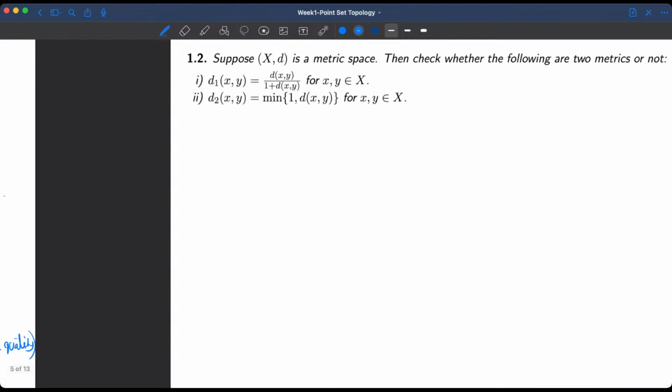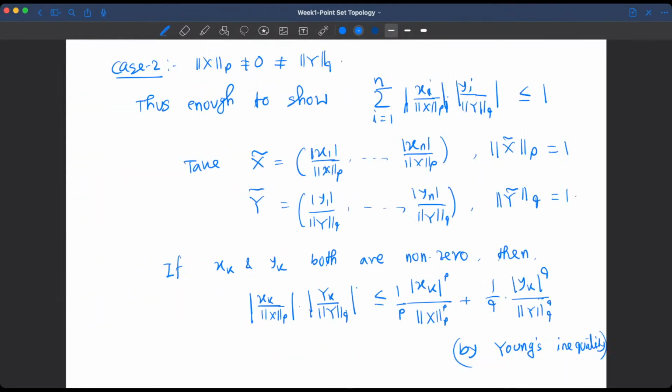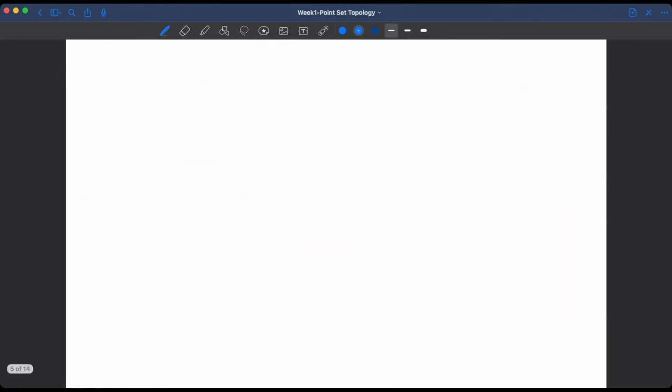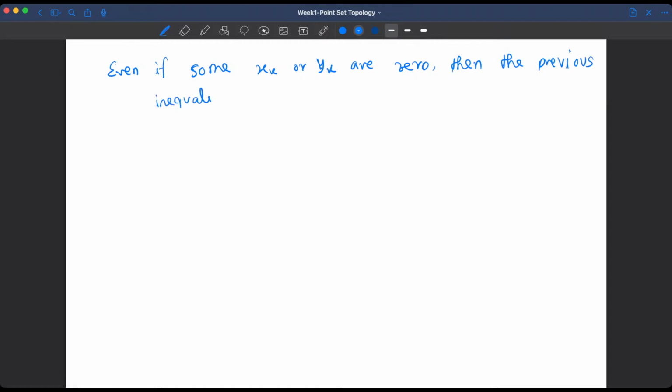If it is 0, then the previous inequality also holds.